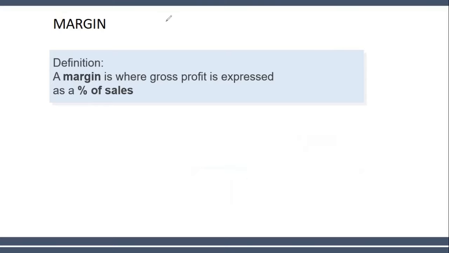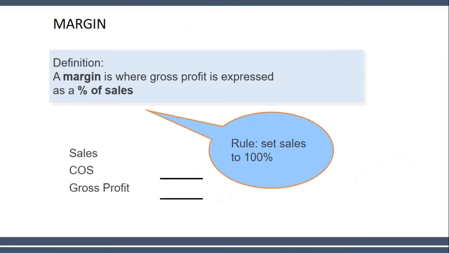So margin is where the profit is expressed as a percentage of sales, and you should remember this in your mind. The rule for margin is that you set sales price as 100%. If your profit is 25%, then cost is 75%.